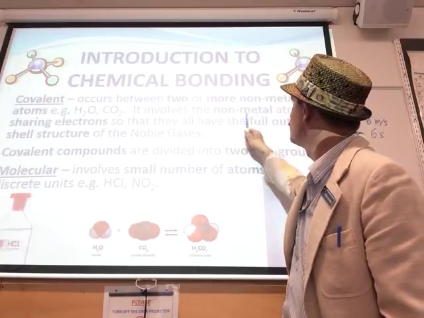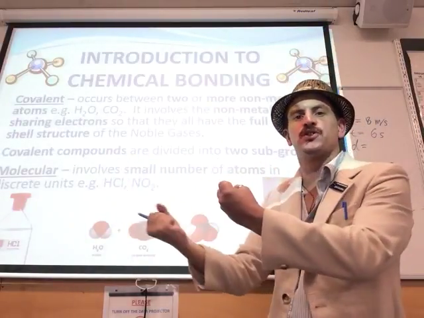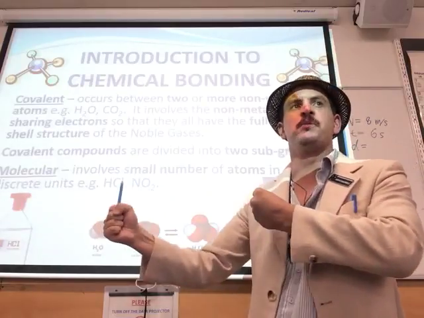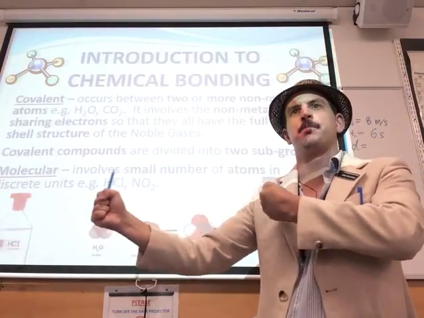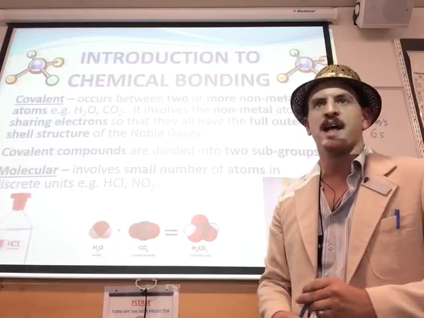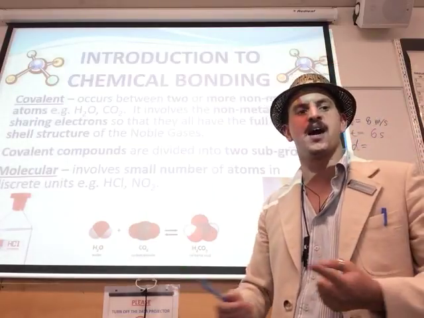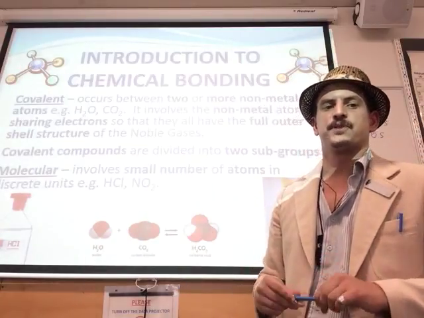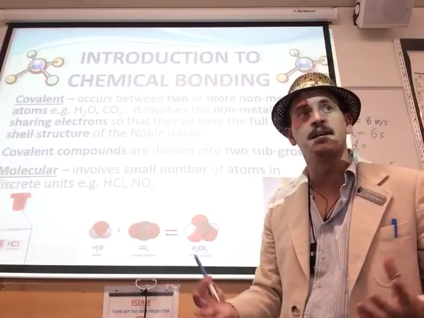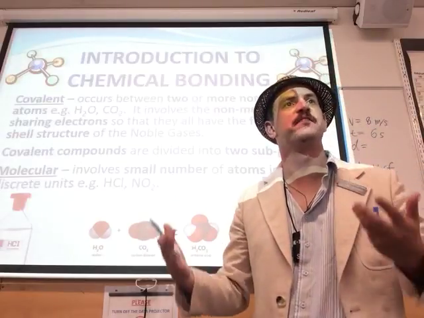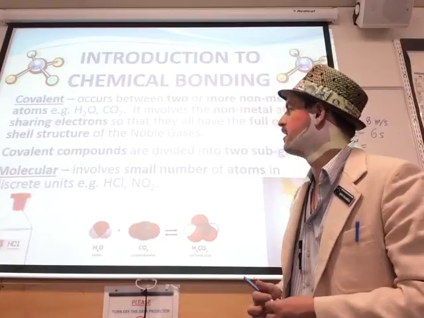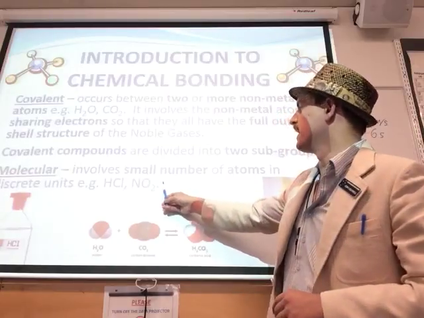The other type we're going to look at is covalent, which occurs between two or more non-metal atoms. It involves non-metal atoms sharing electrons. Both want them as much as the other, and that creates a bond. They both share to fill that outer shell. There are two subgroups of covalent bonding. Valent, meaning valence, outer shell. The first is molecular.